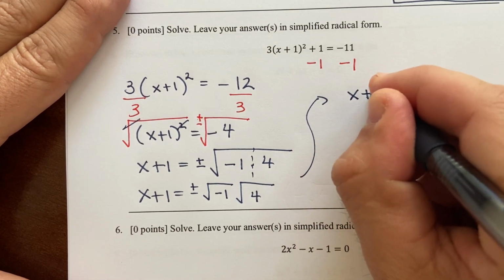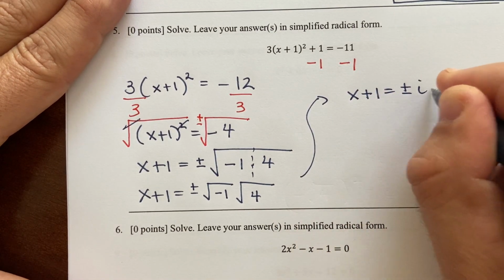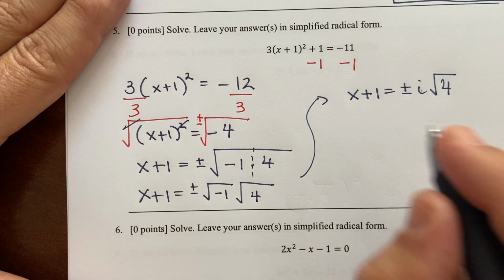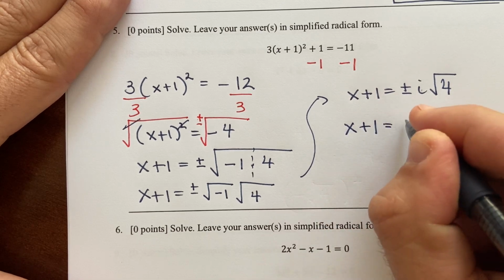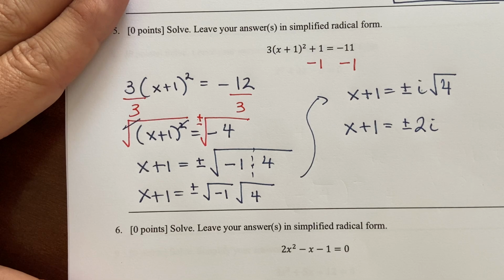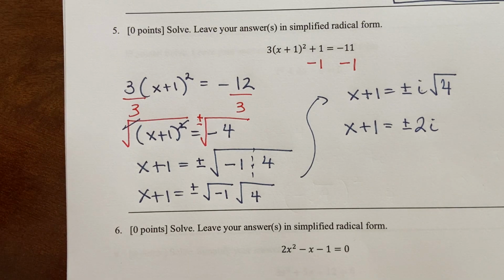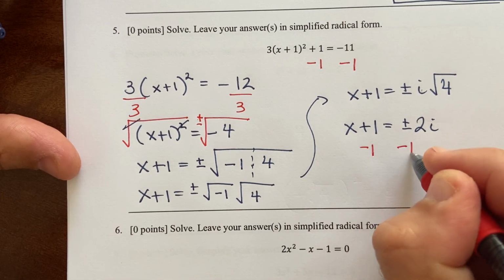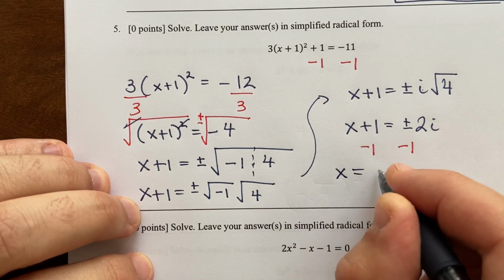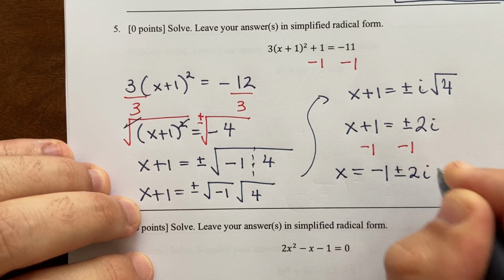So we have x plus 1 equals plus and minus i root 4. The square root of 4 is simply 2. So x plus 1 equals plus and minus 2i. It's typical to write the 2 out front of the i. And then simply subtract 1. So x equals negative 1 plus and minus 2i.